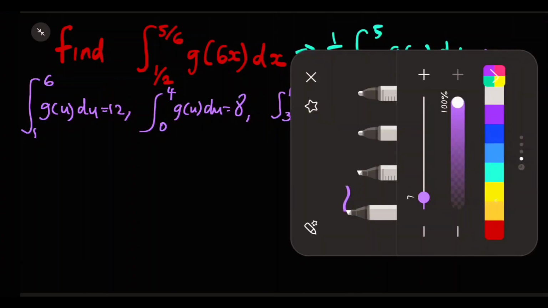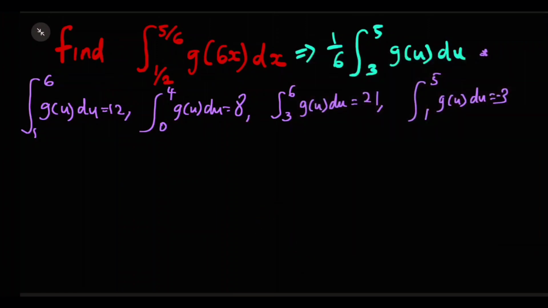Let me just pick another pen. Okay, so now I have, solving, I'm going to have from 5 to 1 g of u du, which of course equals minus 3. But my question has the lower bound as 3.